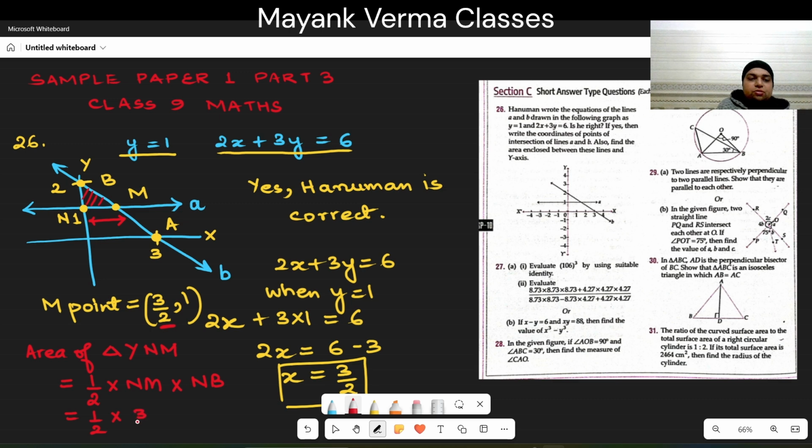Height is NB. NB is this: this point is 1 and this point is 2, so the difference is 1. So you will get 3 by 4 square units. Always remember to put the unit at the end of the answer. So this will be the solution for the 26th question.